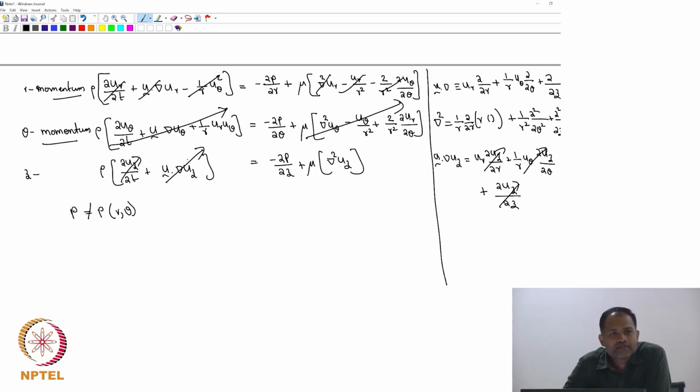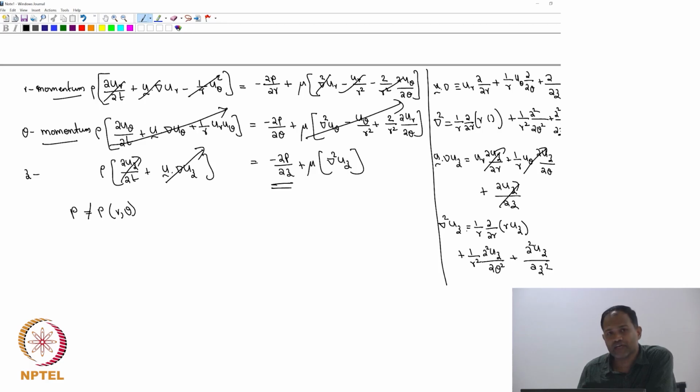So how about on the right hand side, ∂P/∂z? It is non-zero, so that remains. How about del square uz? The del square operator is 1/r ∂/∂r of (r ∂uz/∂r) plus 1/r² ∂²uz/∂theta² plus ∂²uz/∂z².